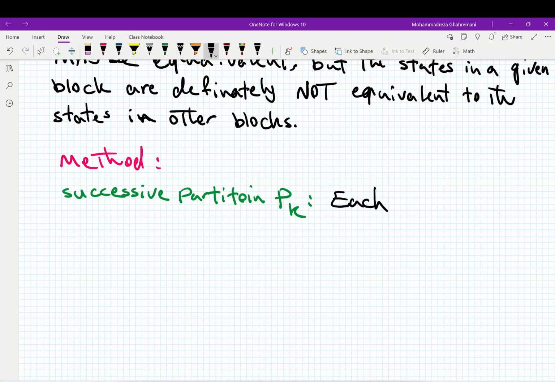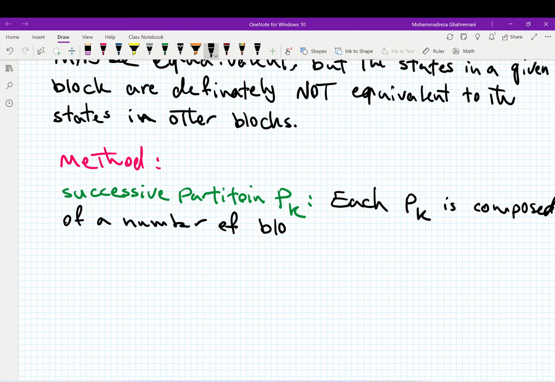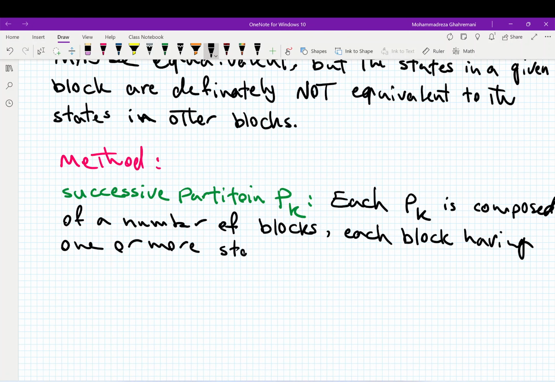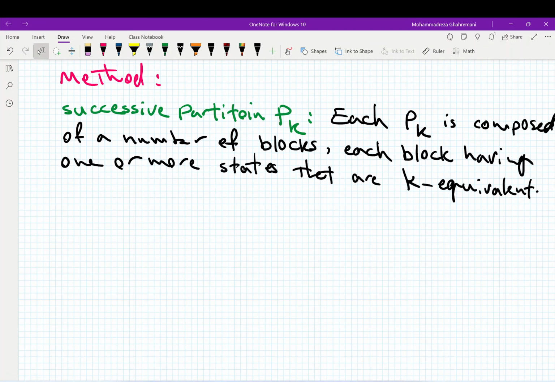Each P sub k is composed of a number of blocks, each block having one or more states that are k equivalent.